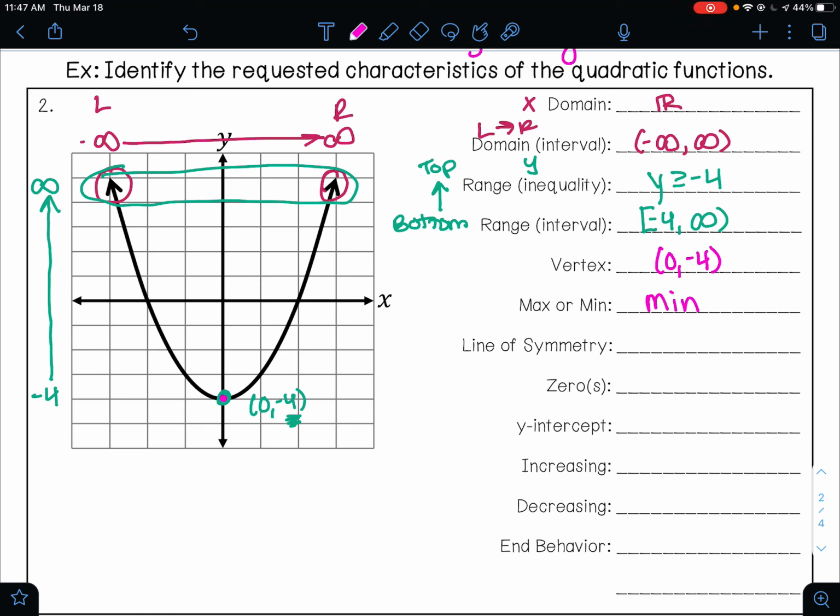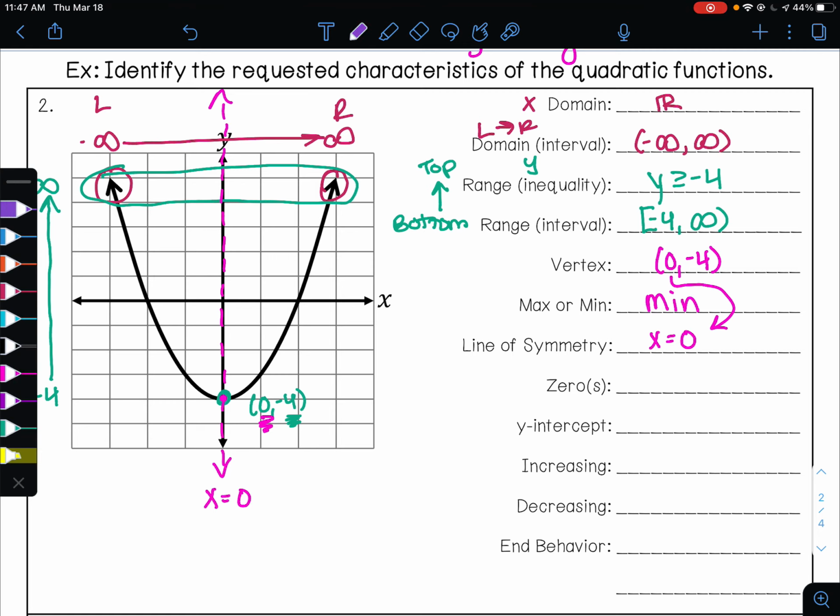The line of symmetry is the line that cuts the parabola into two symmetric pieces, and it's always a vertical line. Vertical lines have the equation x equals a number, and here x equals 0. Your equation will always be x equals the x coordinate of your vertex every single time.